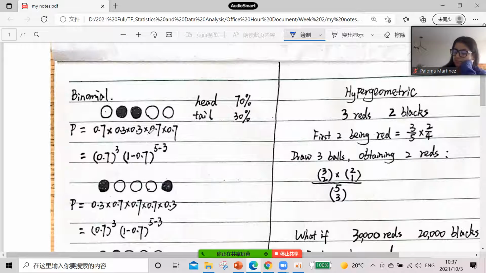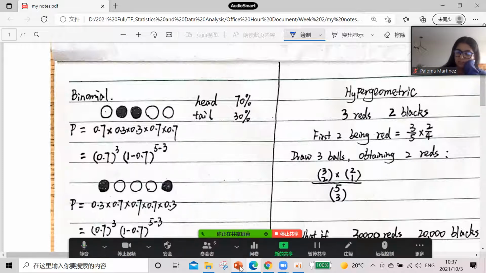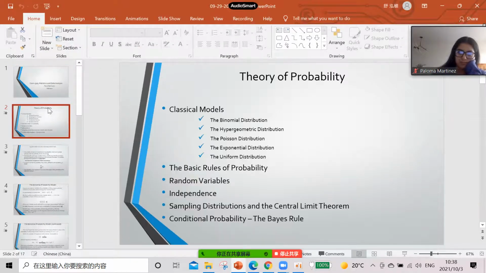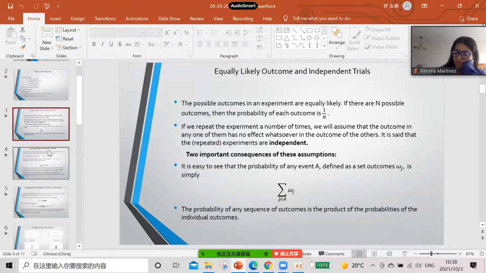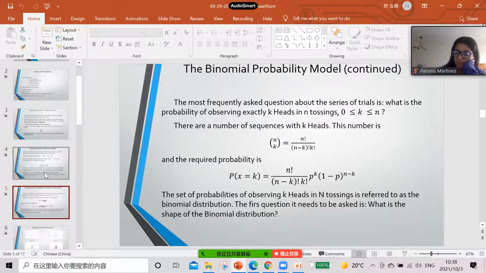The result of the first toss doesn't influence the result of the second toss. So just multiply them together. And what you get is 0.7 to the power of 3 times 0.3 to the power of 2. And in the class notes, if you remember, that is the first formula here.